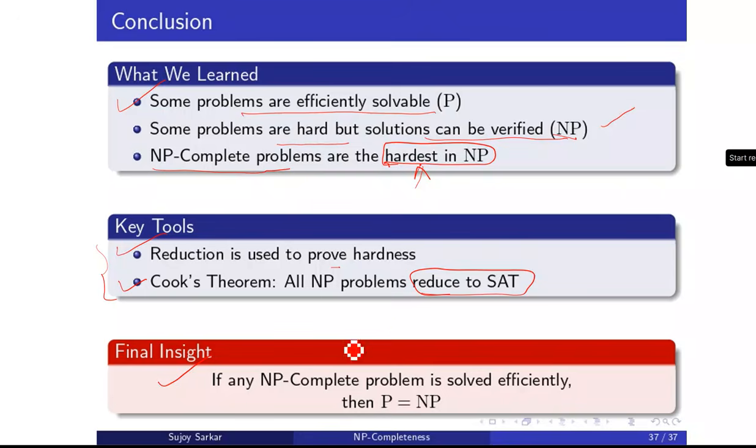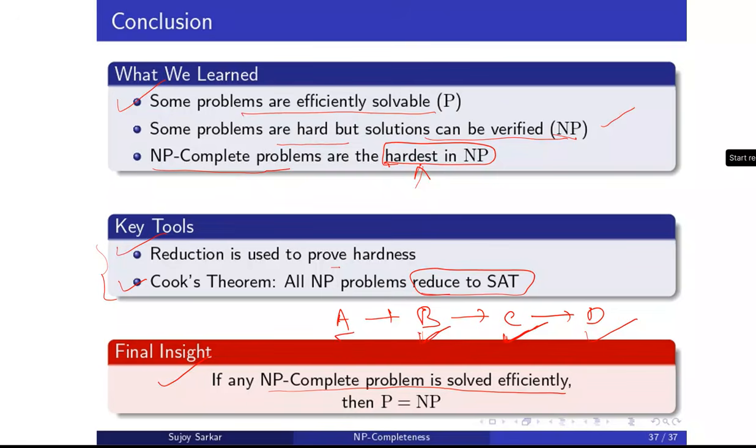And as we said, we are doing reduction: problem A is reduced to B, B is reduced to C, C is reduced to D. If D has an efficient solution, then as C can be converted to D, C must also have an efficient solution. In the same way, as B can be reduced to C, if C has an efficient solution, B also must have an efficient solution.